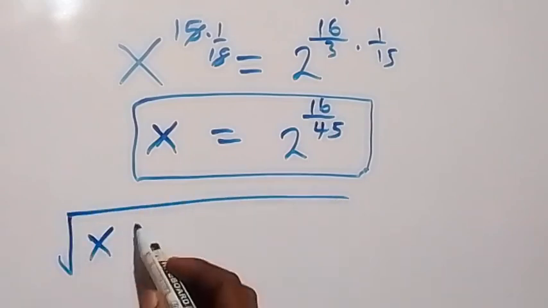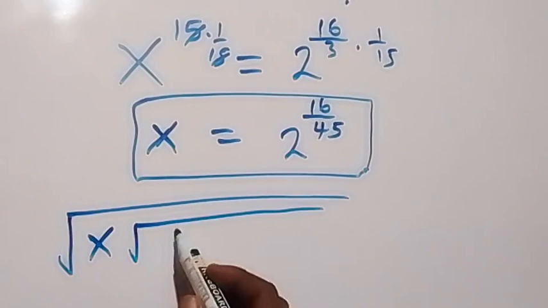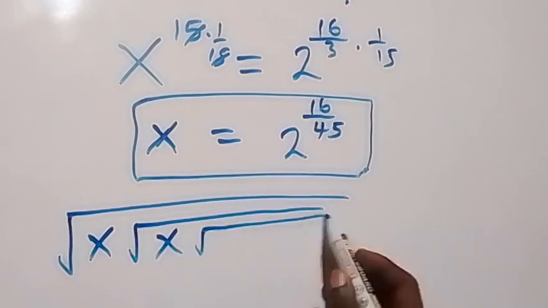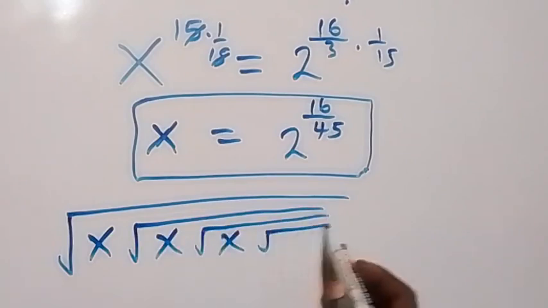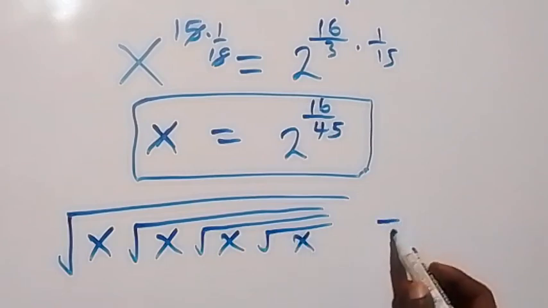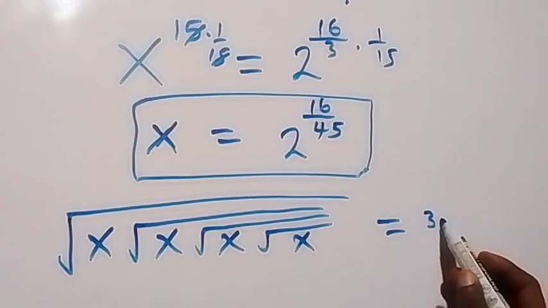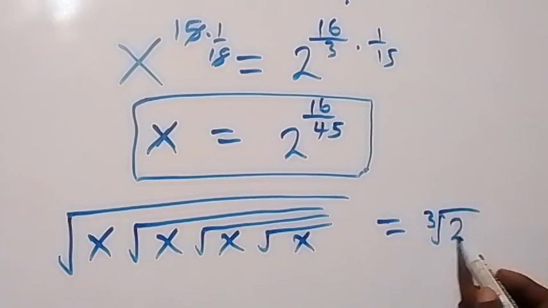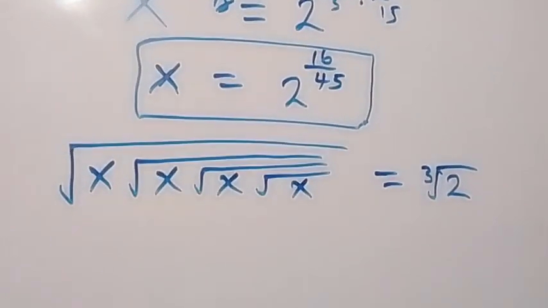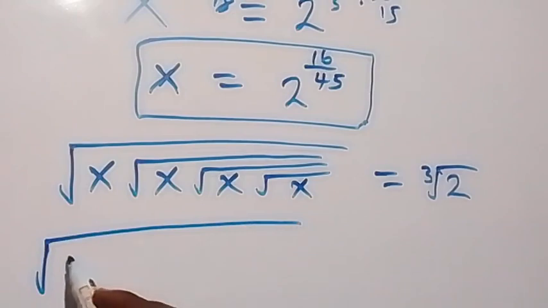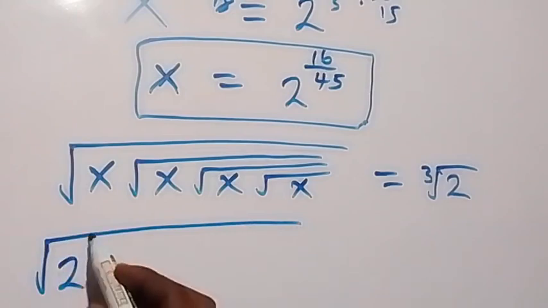x, then square root of x, square root of x, square root of x is equals to cube root of 2 here. Then from here, when we substitute, square root of x becomes 2 raised to power 16 over 45.